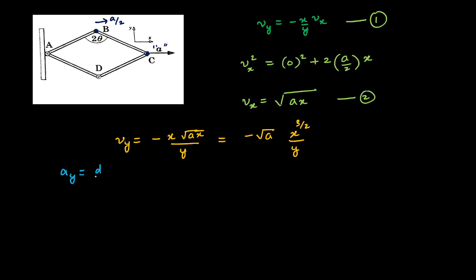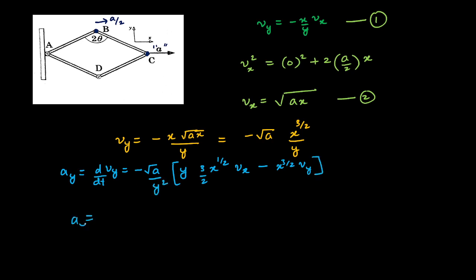So if you differentiate this equation, we have minus root a, a constant. Using the quotient rule, denominator times the differentiated numerator, 3 by 2 x power 1 by 2 here, and velocity along x direction, minus numerator times the differentiated denominator, which is going to be v dy by dt, which is vy, whole thing divided by denominator squared.